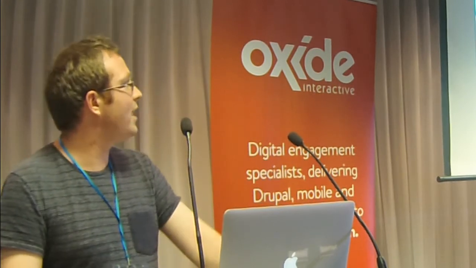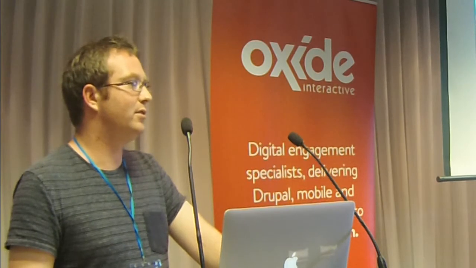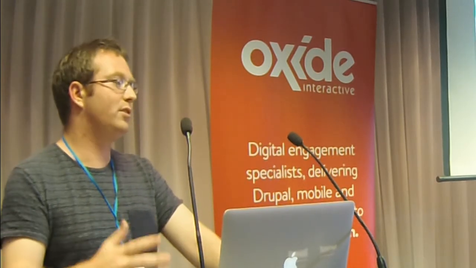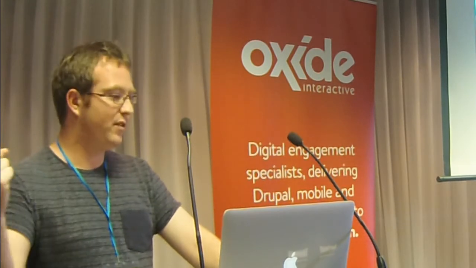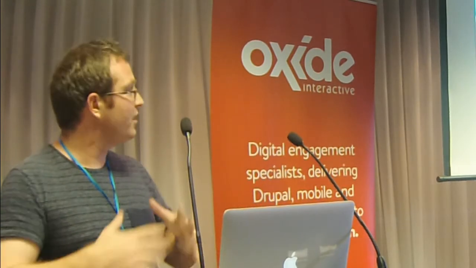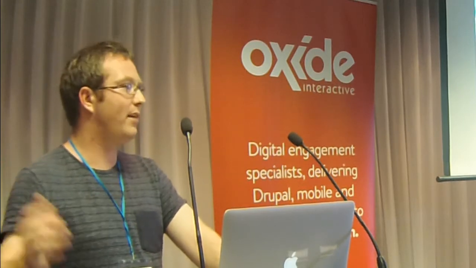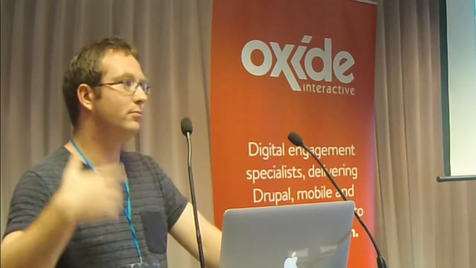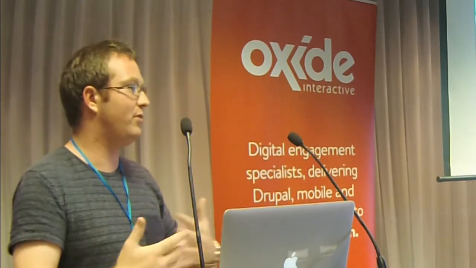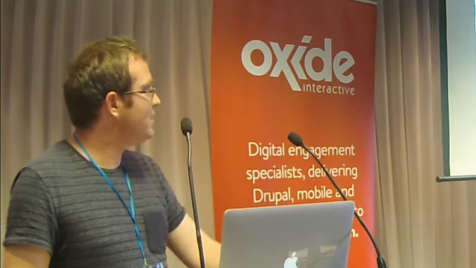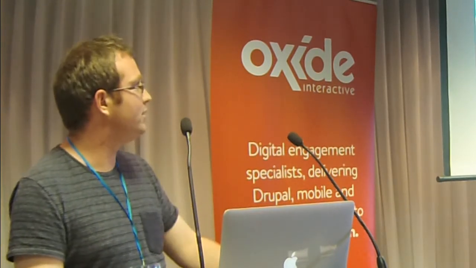Now that they're self-contained, they're reusable across migrations, and they're fully unit testable. So you can write these process plugins once, and they'll handle transforming one bit of data into another bit. You can test that that works. And if you've got 10, 15, 20 migrations, especially if you're consuming APIs and doing the same transformations, that's now fully testable. So that is a really big win and a big part of cleaning up the whole API from where it was in D7.